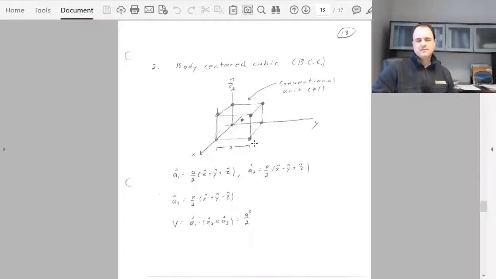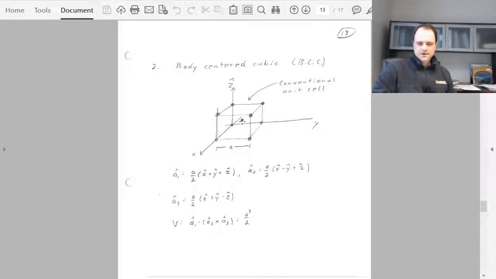All right? A bit different than the true lattice constant. But in a lot of books, this is given by a, and they call that the lattice constant. The thing to see in this figure is that we have an additional scatterer right in the center, right in the body center of this cell. That's why it's called body-centered cubic. We have this additional one right in the middle. All right.